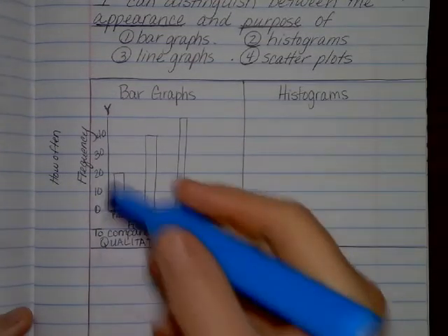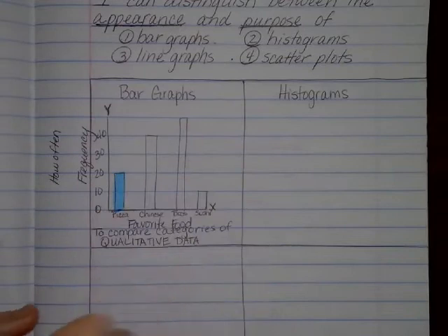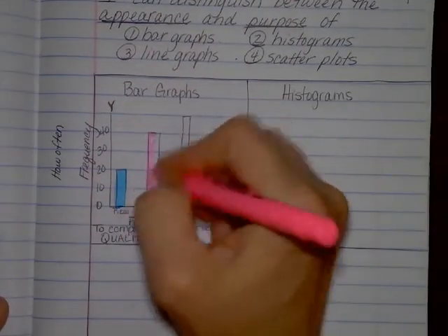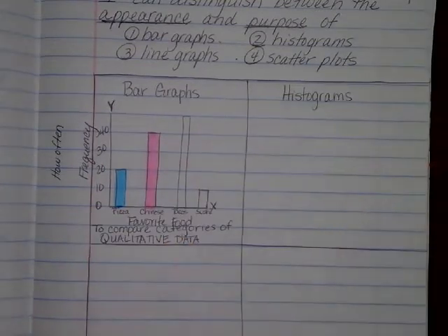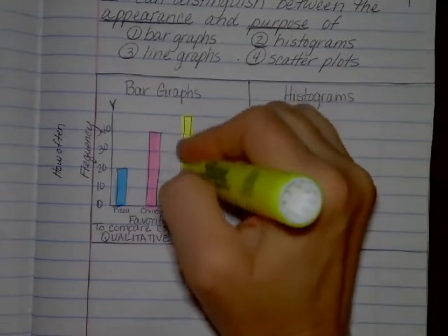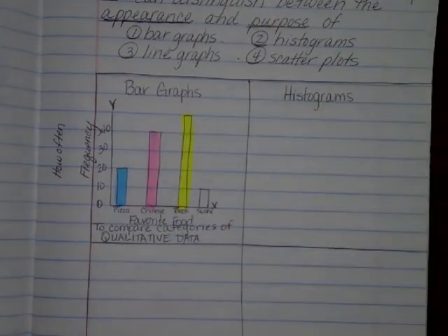Okay, so that's just a simple bar graph. Sometimes you'll see the bars are in different colors. They don't have to be, but sometimes it helps make the visual, just looking at it a little bit easier to see that. Just depends on what you're comparing.